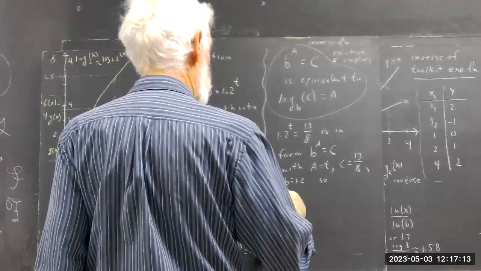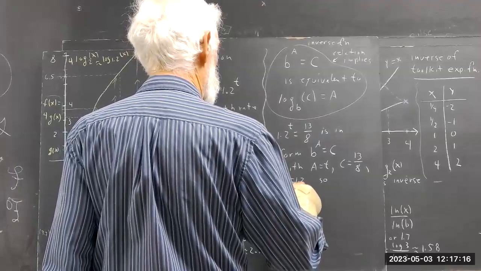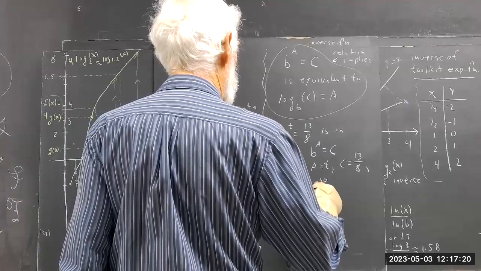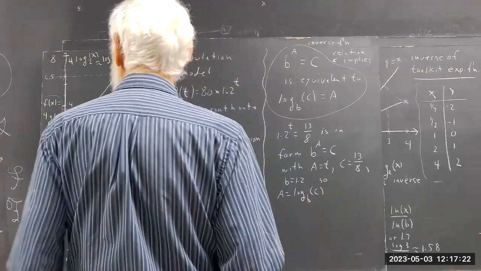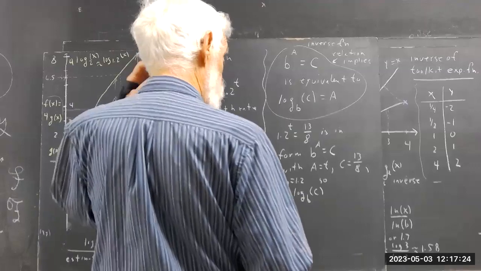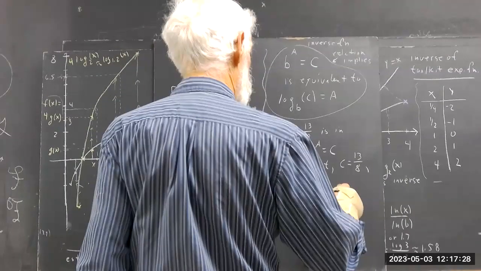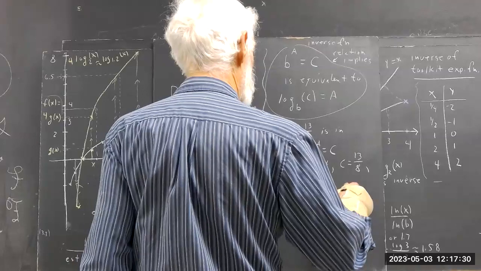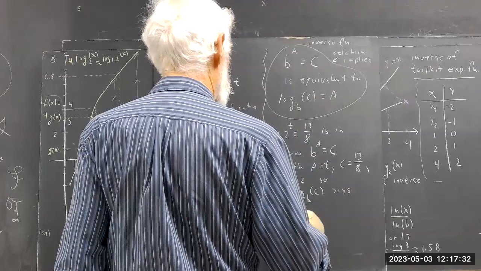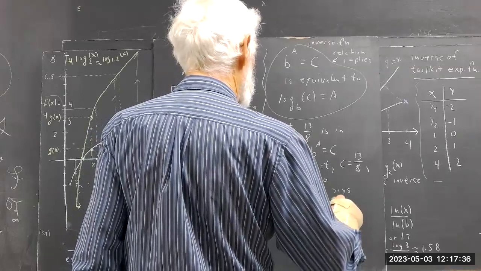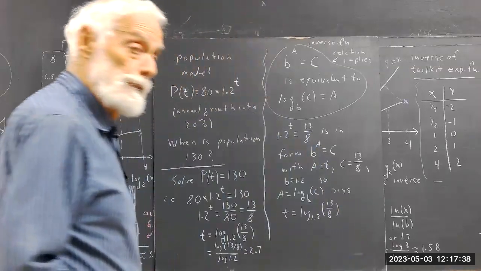So A equals log base B of C. T equals log base 1.2 of 13/8.